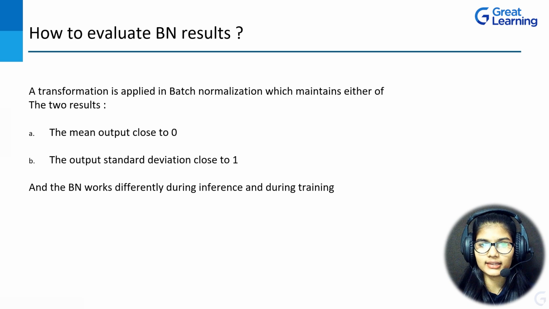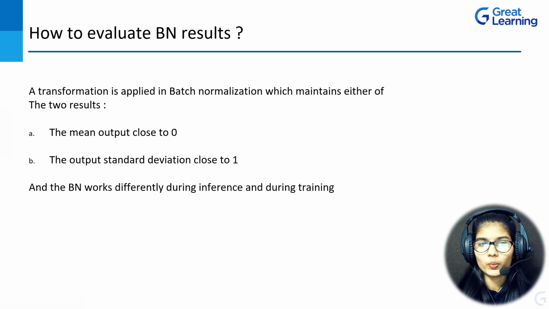Now, for the batch normalization results, a transformation is applied, which gives either of two results. In those two results there would be some value or some method in which your batch normalization will lie in either of these two cases.